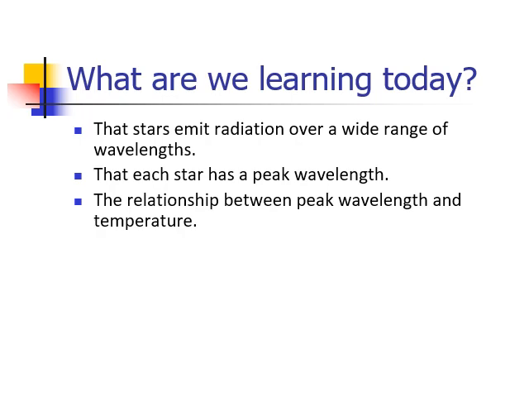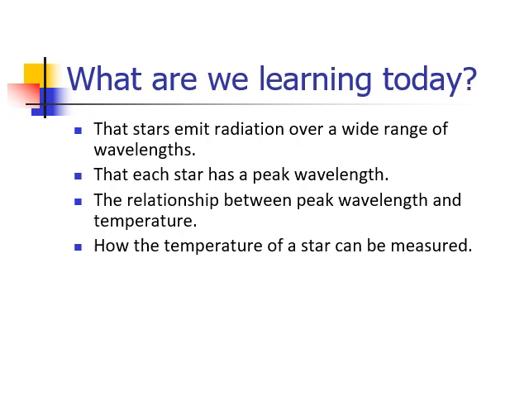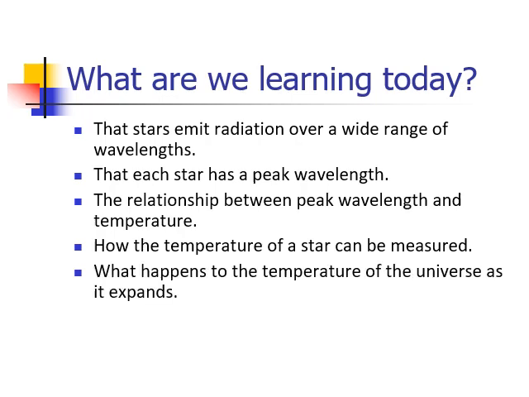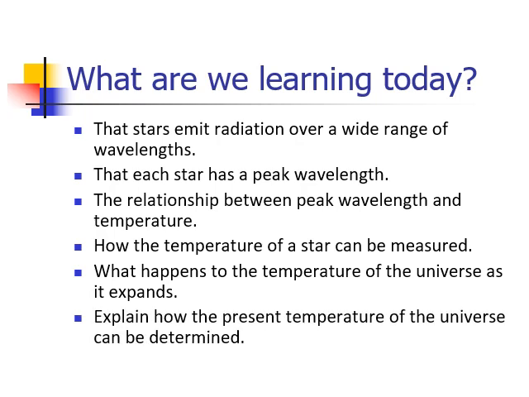A little bit about the peak wavelength and the relationship with the temperature, and how we can measure the temperatures of stars, and what happens to the temperature of the universe as it expands, and how we can determine and explain the present temperature of the universe from this evidence, and how that is evidence for the Big Bang theory, and we'll explain some other pieces of evidence that validate the theory of the Big Bang.